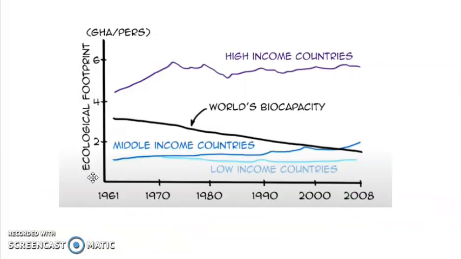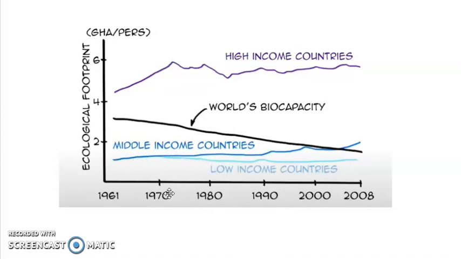And this web page again, they draw this graph. They started from 1961 to 2008, and they compare the ecological footprint of the countries. Look at these low-income countries. It doesn't change much, right? Low income stays low income.